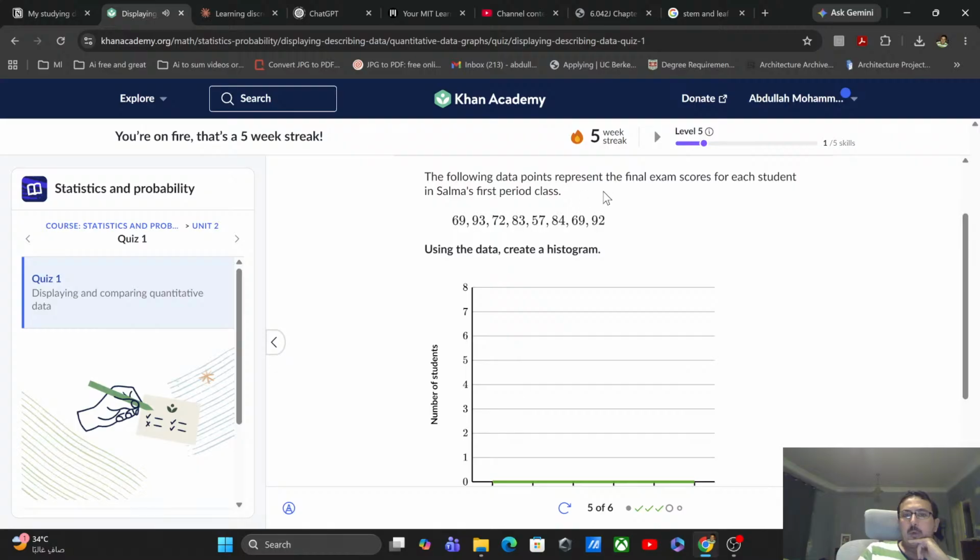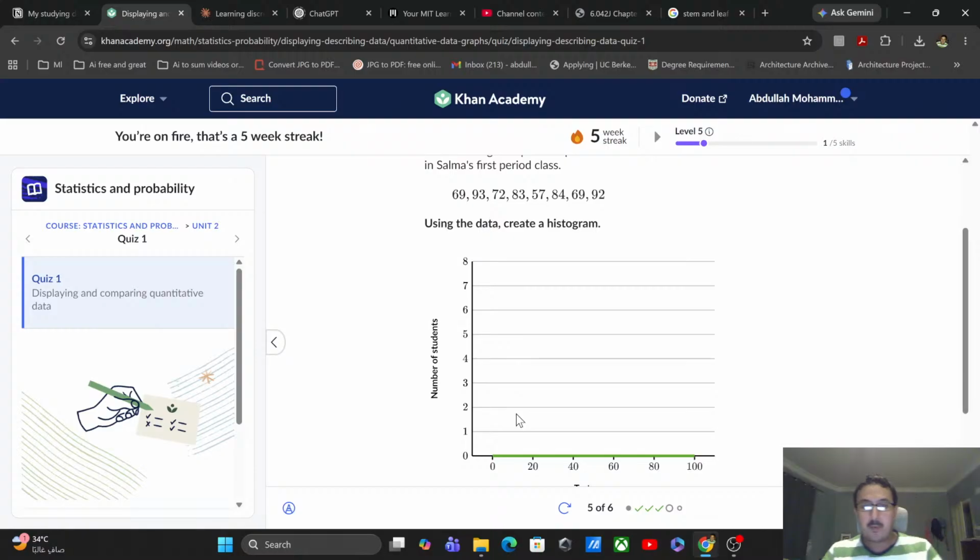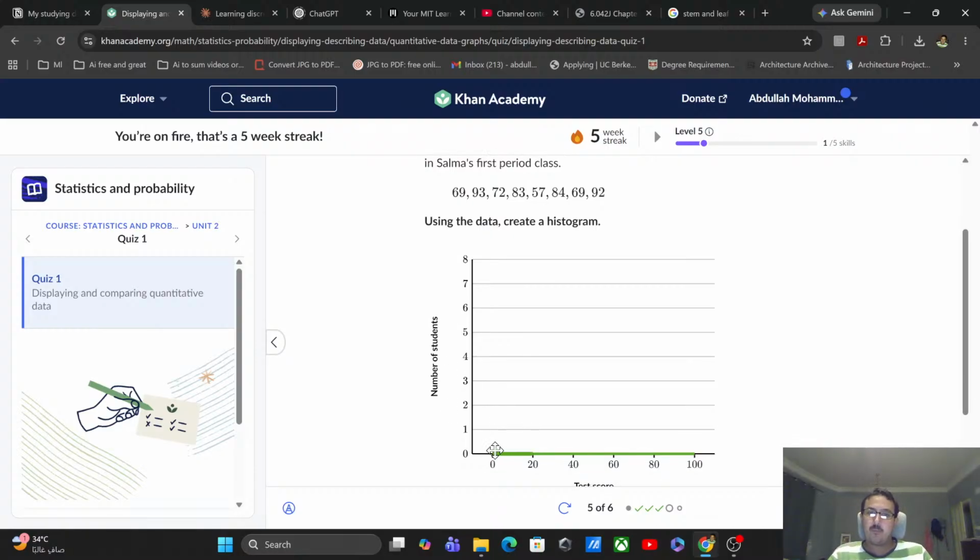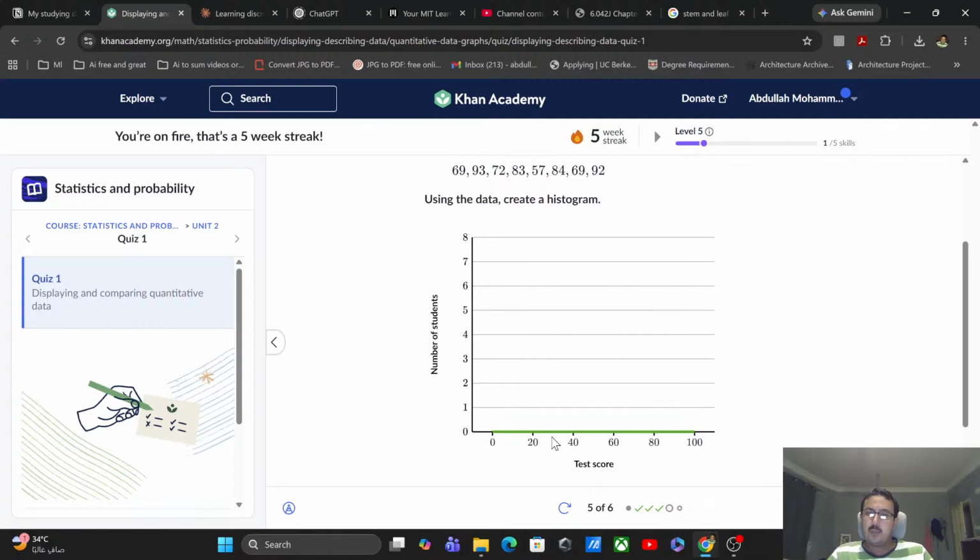The following represents the final exam scores for each student in Salma's first period class. Using the data, create a histogram. Number of students and test score.